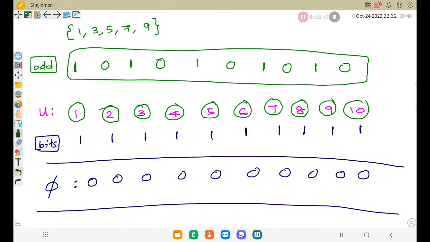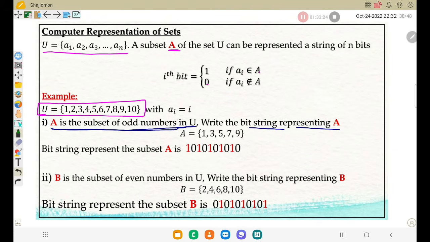At the position of each number in that set you put 1, and at other positions you put 0. So this is what is written here: 1 is odd, 1; 2 is even, 0; 3 is odd, 1; 4 even, 0; 5 odd; 6 even; 7 odd; 8 even; 9 odd; 10 even. The odd numbers get 1, other positions 0, in the universal set.